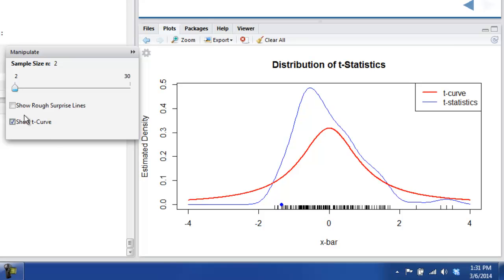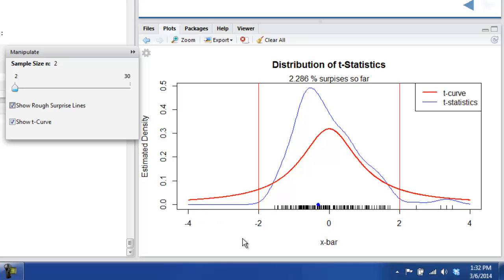Let's show some vertical lines that will represent the borderlines between being surprised and not being surprised by a given t-statistic. You might also notice that all of the times that it has gone outside, it has been above 2. It's never been below -2.